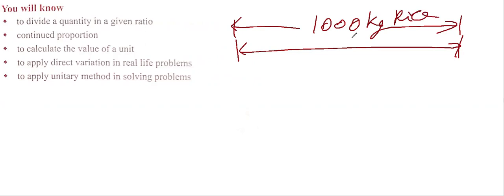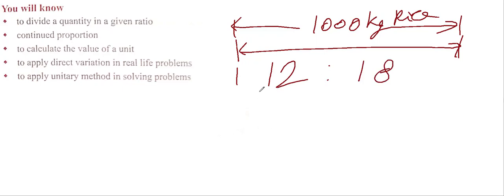Now you want to distribute this rice in some ratio to someone. For example, you have to distribute this in the ratio 12:18.